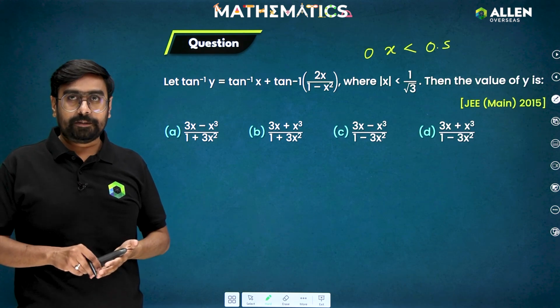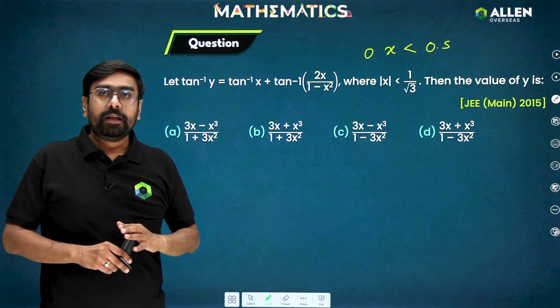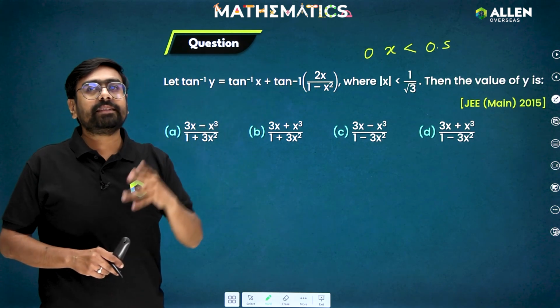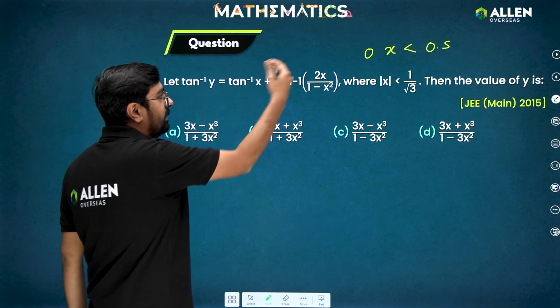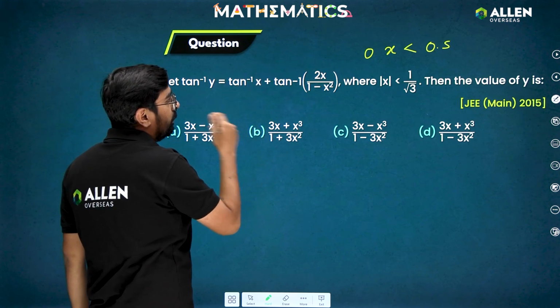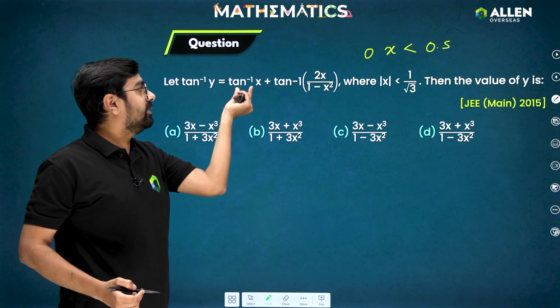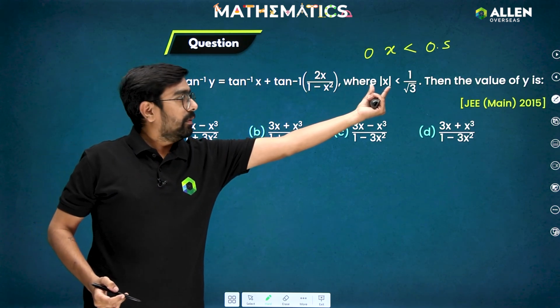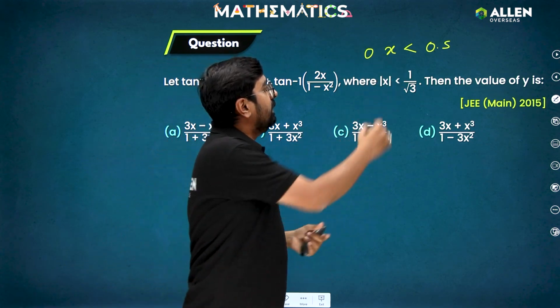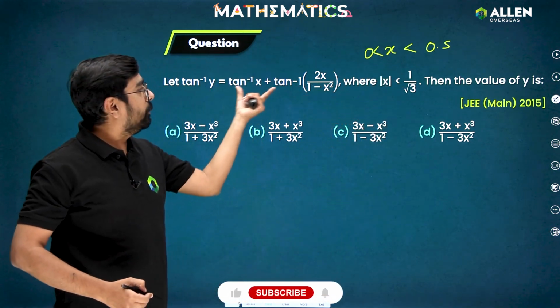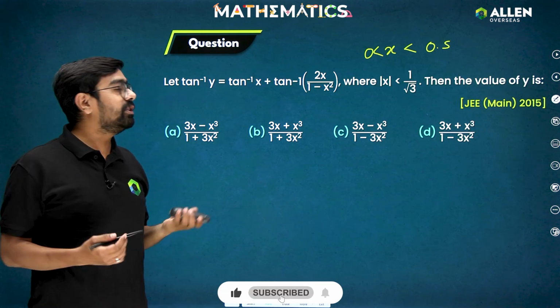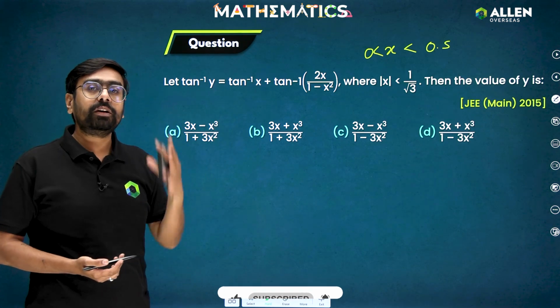Now, what about their product? The product is going to be less than 1, because if we take 1 by 2 here also, then for the values of x between 0 and 0.5, the product is going to be less than 1. So, which formula are we going to use? We are going to use the first formula.